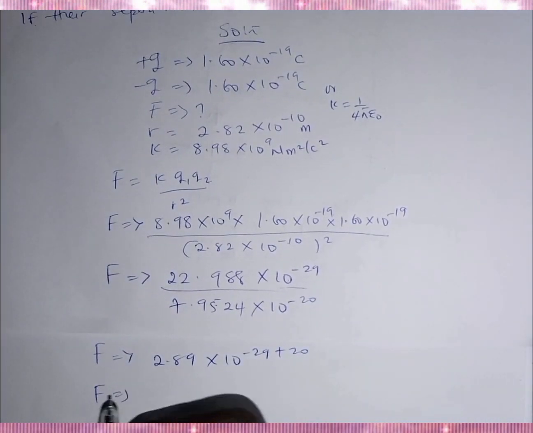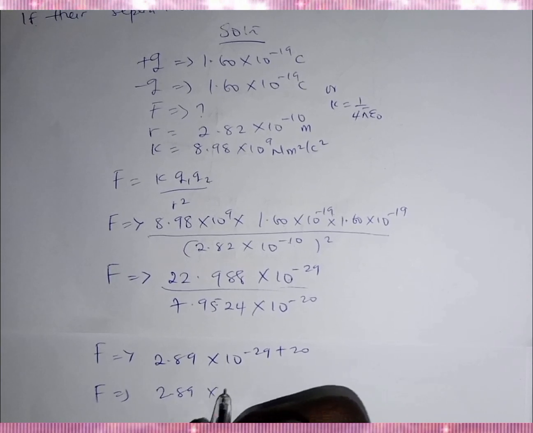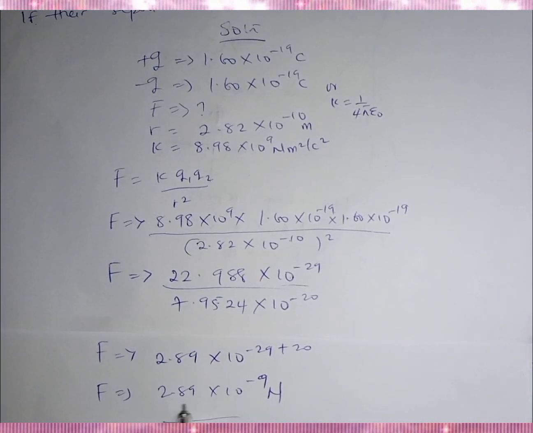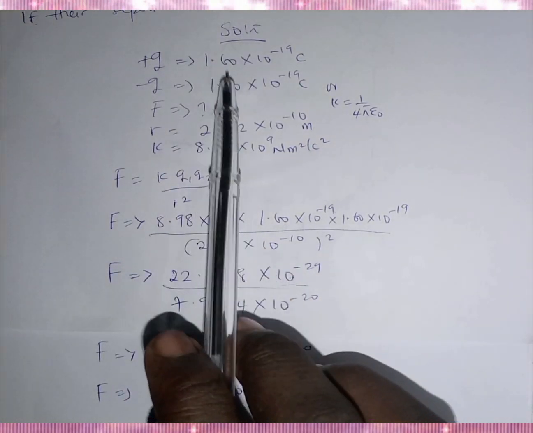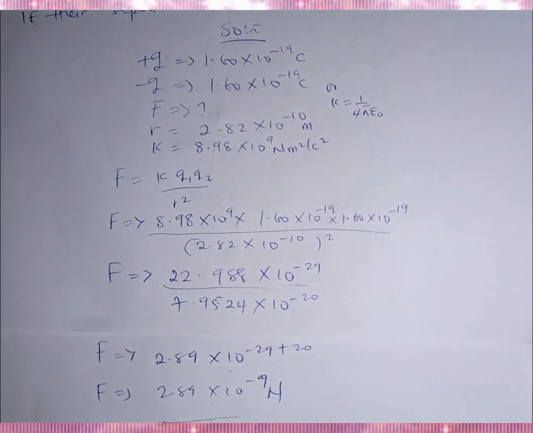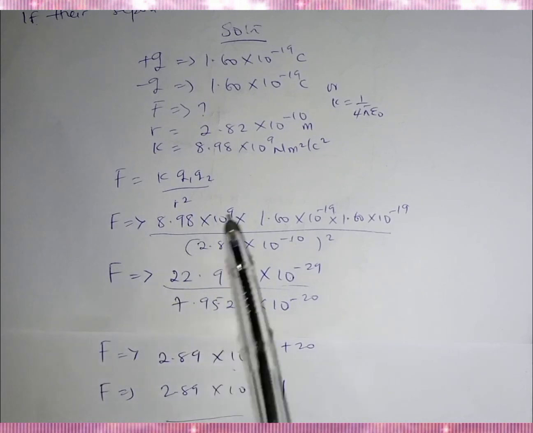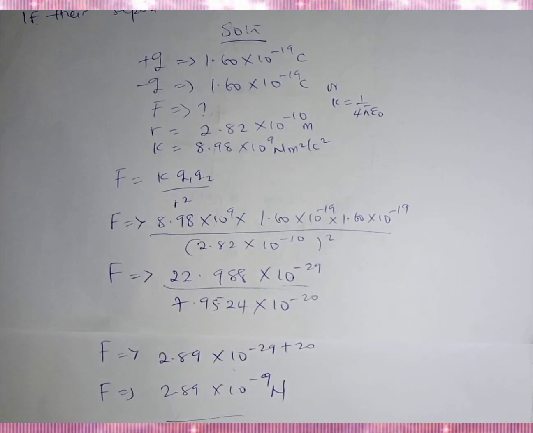So we have F equals 2.89 times 10, so minus 29 plus 20 will give us what? Minus 9. And force is measured in Newton. Our answer is 2.89 times 10 power minus 9 Newton. So this is the force of attraction that exists between these two charges of proton and electron with this distance and this constant. So that's simply how to solve this question.